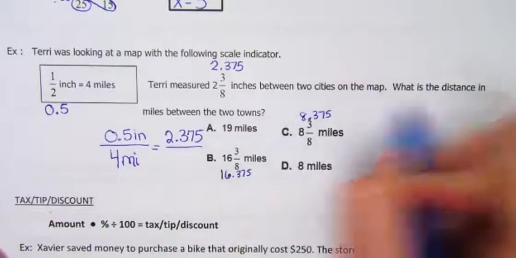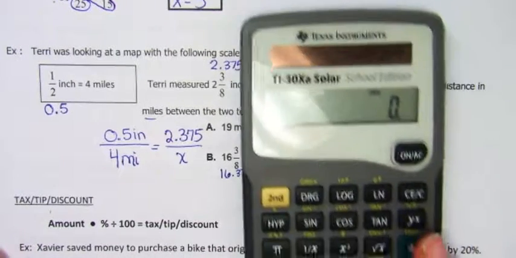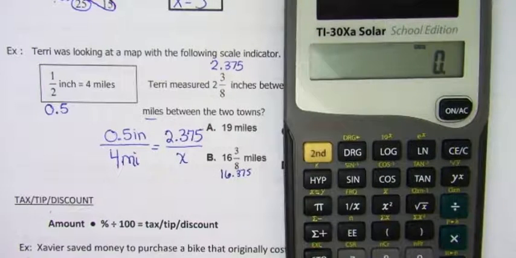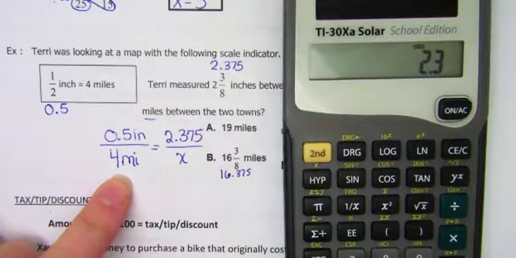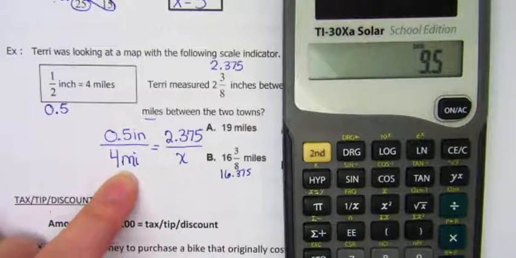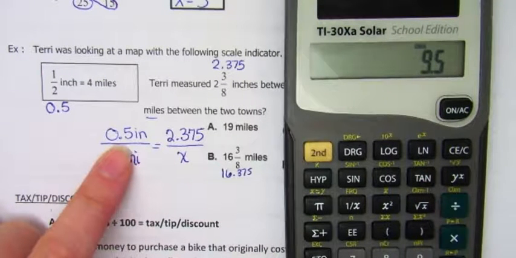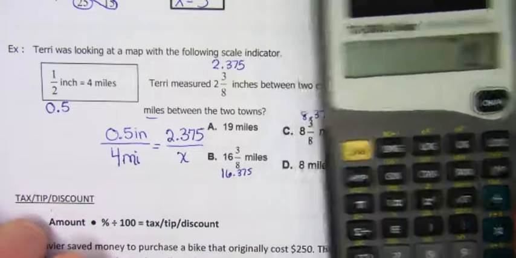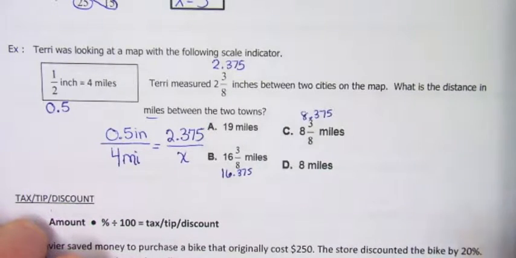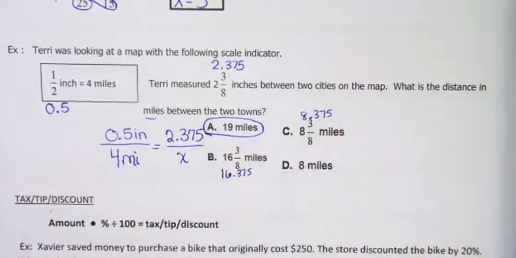And then my unknown is the distance in miles, so that is my variable. Once we have our proportion, we're ready to do our cross multiplying. We take our two numbers we know: 4 times 2.375 gave us 9.5, divided by a half, or the 0.5, and that gives us 19. So the distance in miles between the two towns would be 19 miles.